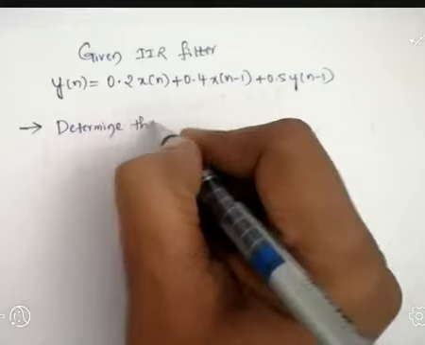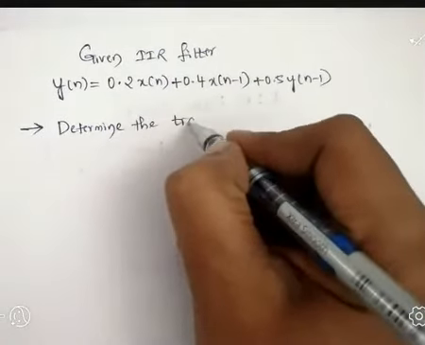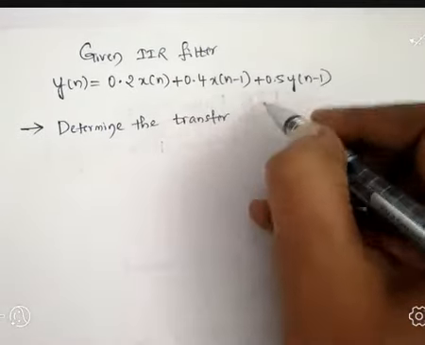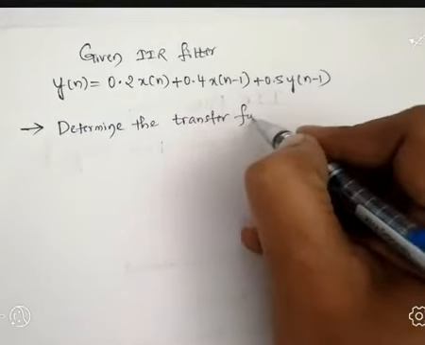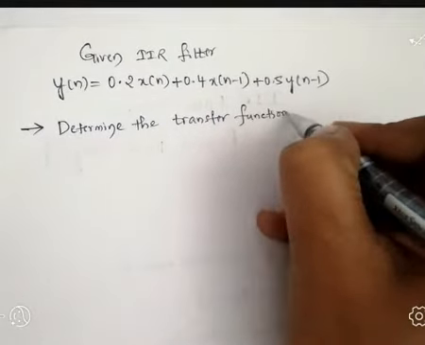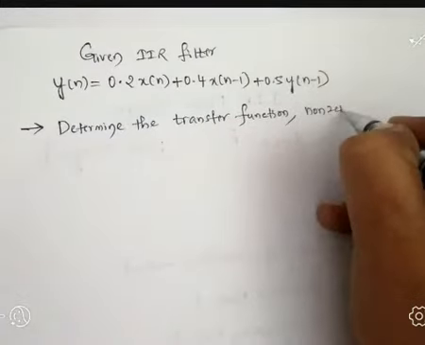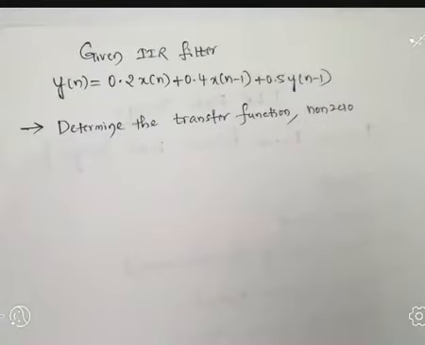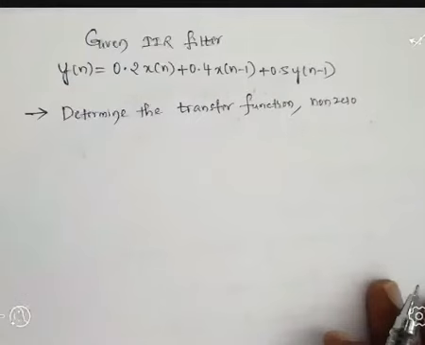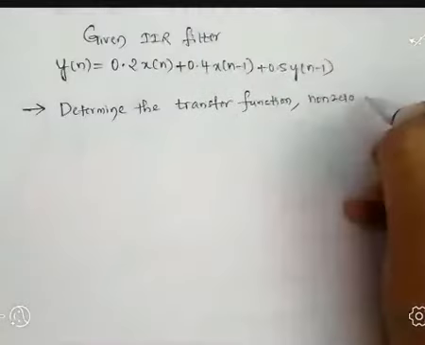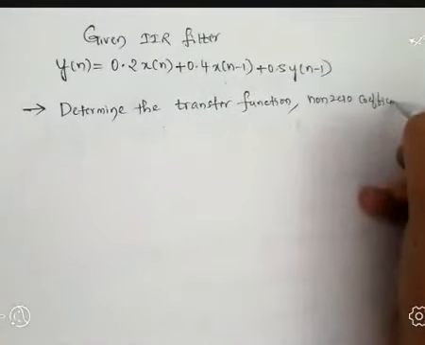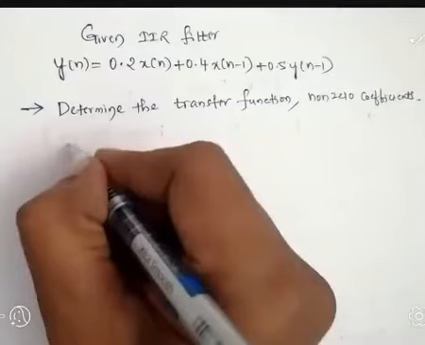the transfer function, as well as the non-zero coefficients. Already we discussed bi and ai are the non-zero coefficients.